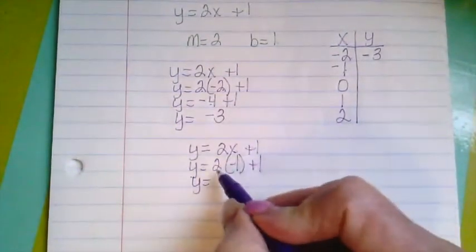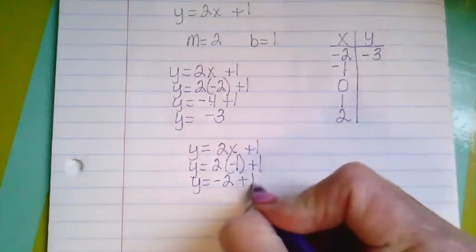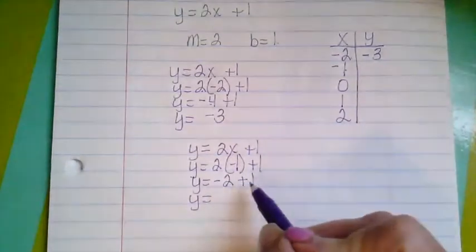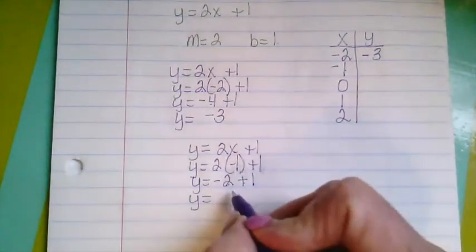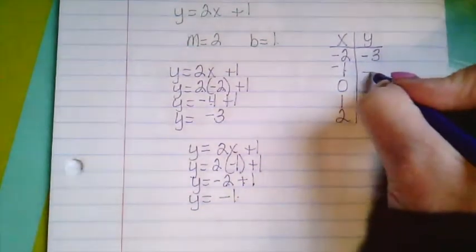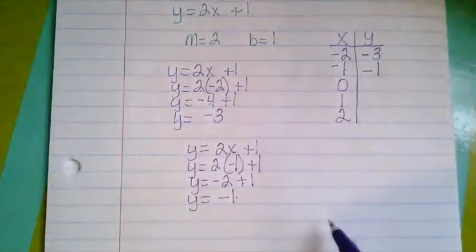Y equals 2 times -1 is -2 plus 1. So y is going to equal -2 plus 1, or a -2 and a positive 1 will give me a -1. So I'm going to put that over here in my table. Now it's your turn. Pause the video and see if you can complete the table.